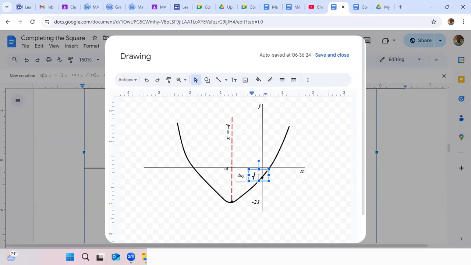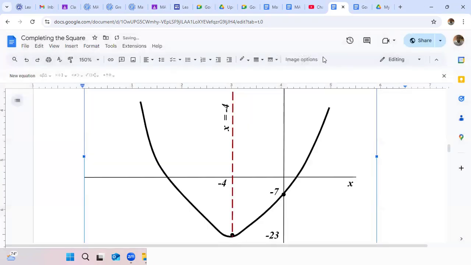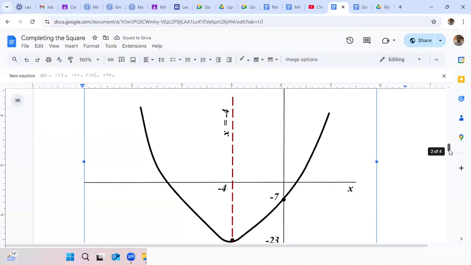There it is. So this will serve as a rapid sketch, not drawn to scale, of the parabolic curve for the equation y is equal to x squared plus 8x subtract 7.